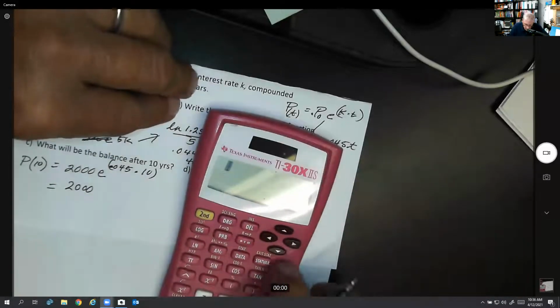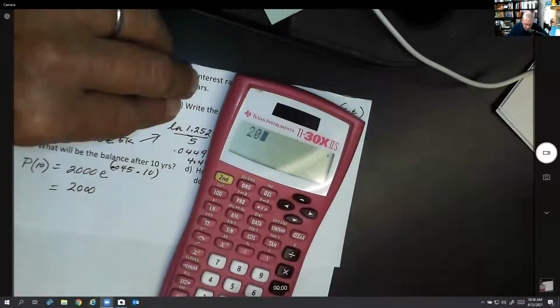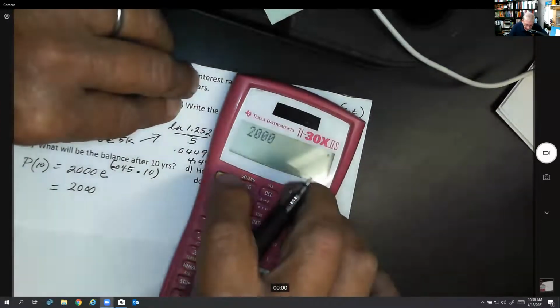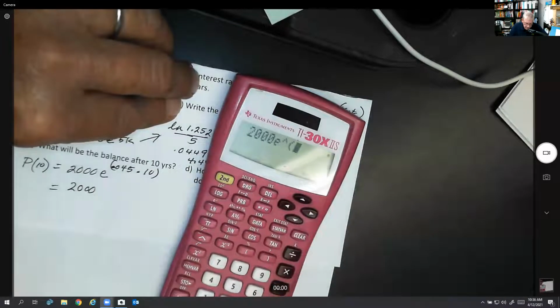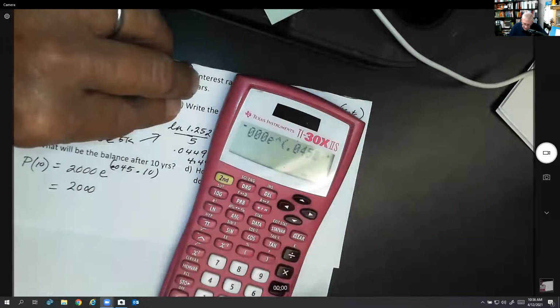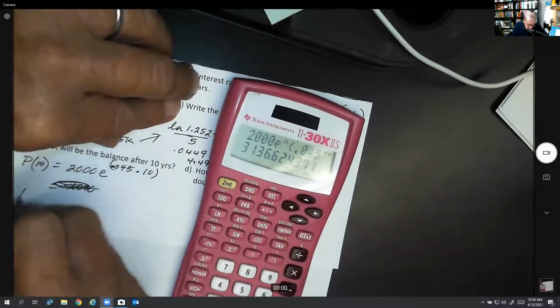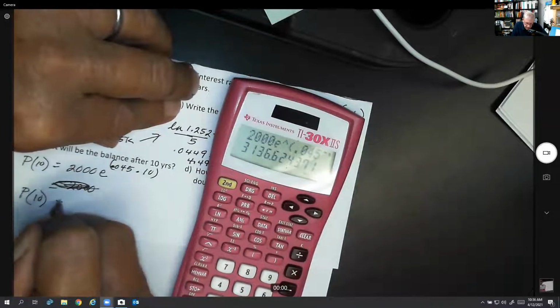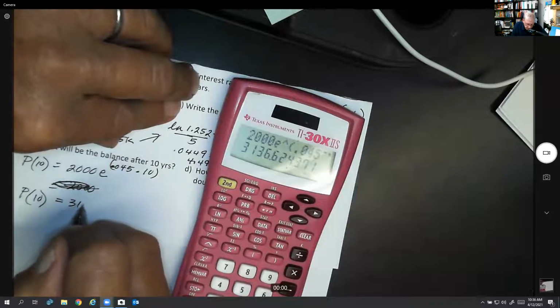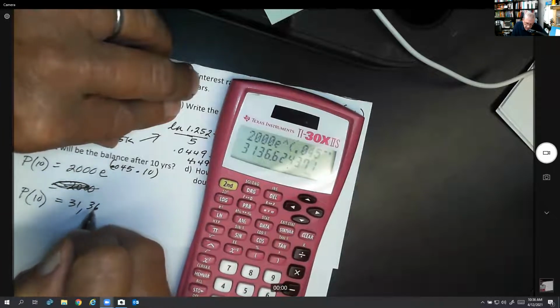You might as well just work it out. 2000, second ln, 0.045 times 10, equals. So after 10 years, it should be 31,360.